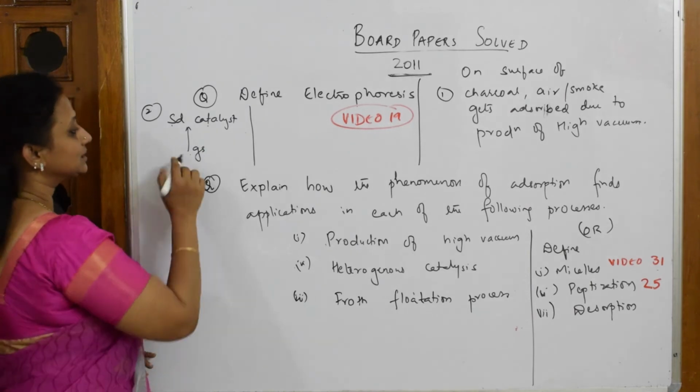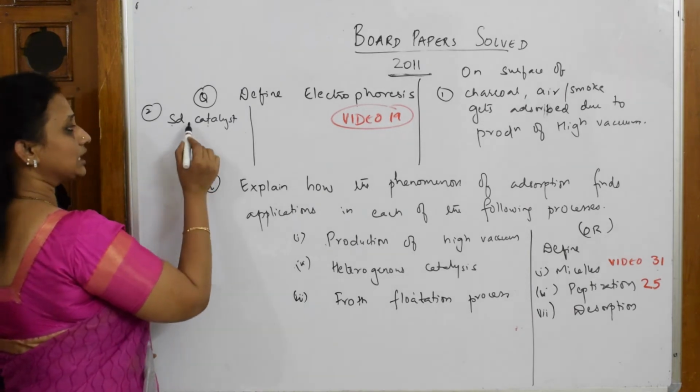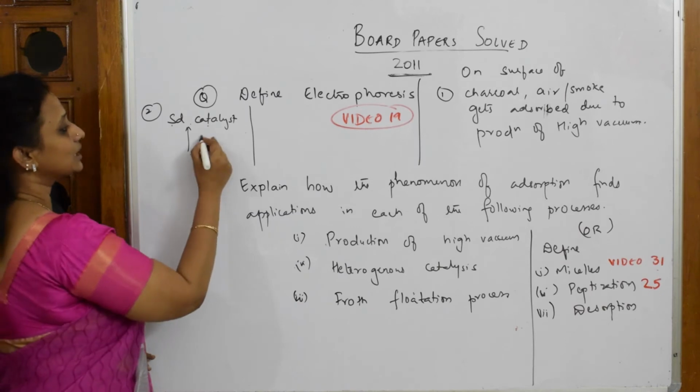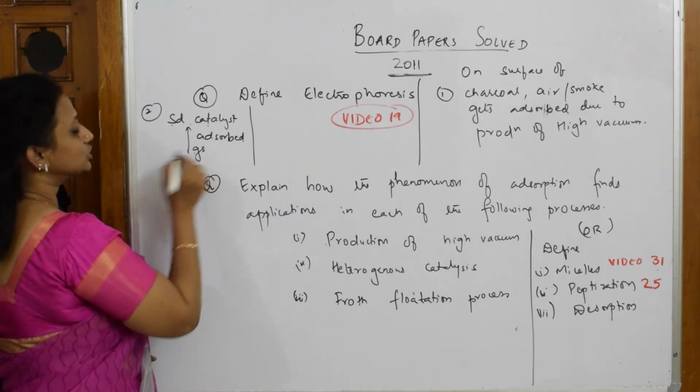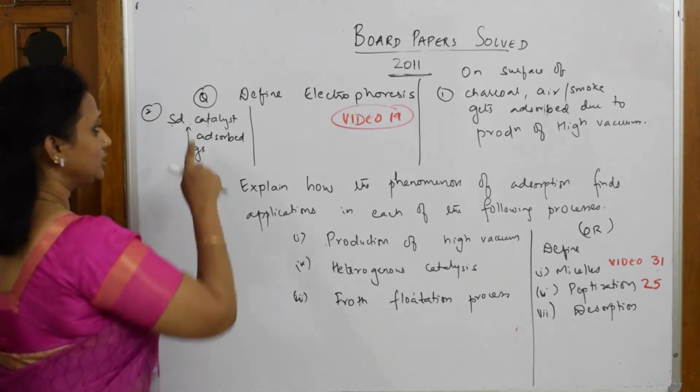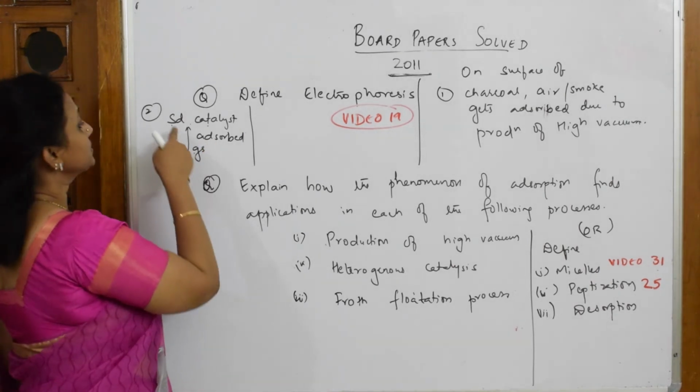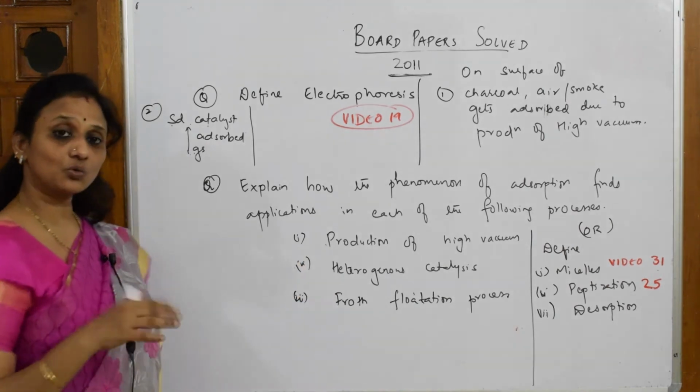So that is a heterogeneous catalyst. Now when you allow the gas onto the surface of a solid catalyst, what will happen? It will get adsorbed. When it gets adsorbed, you're speaking about adsorption, and you're speaking about heterogeneous catalysis also. What is the conclusion?